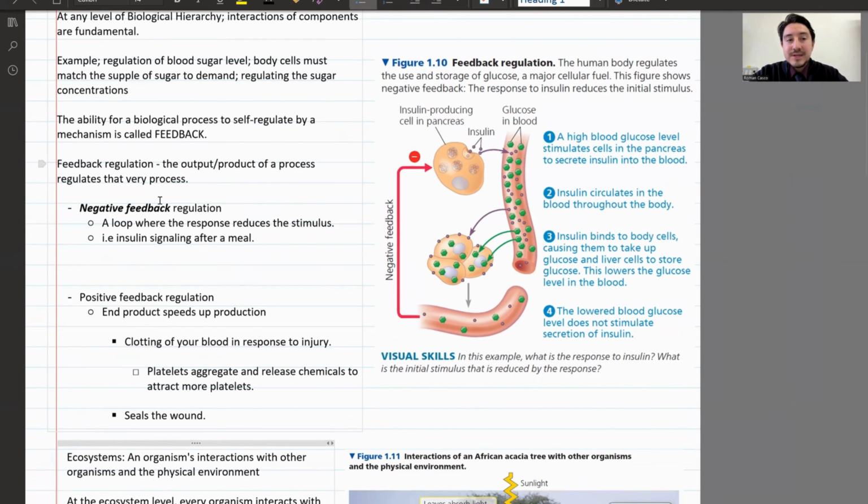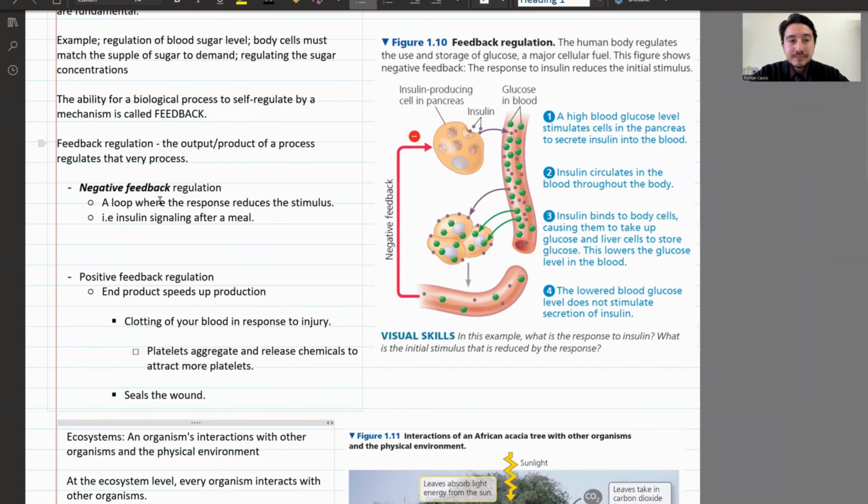And there's different types of feedback mechanisms. But in a nutshell, in feedback regulation, the output of a certain process will regulate that very process. It's a little confusing, but we'll take a look at it.